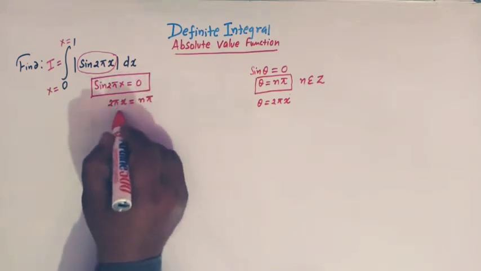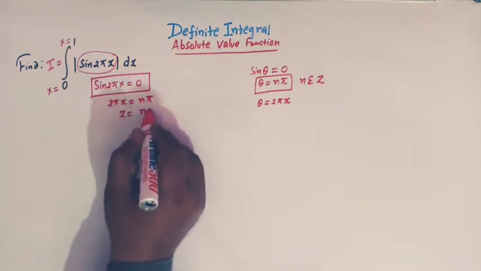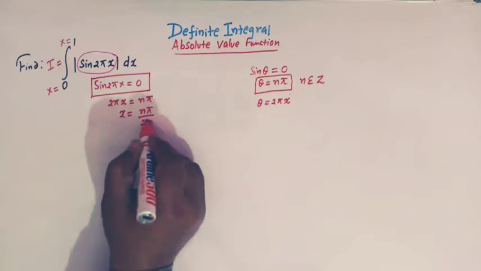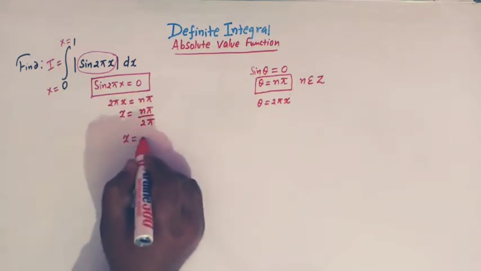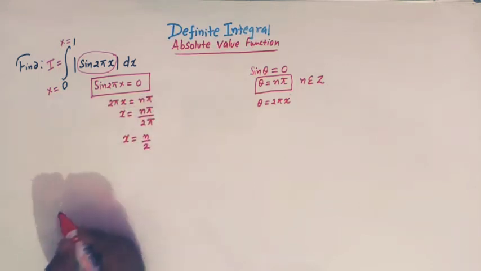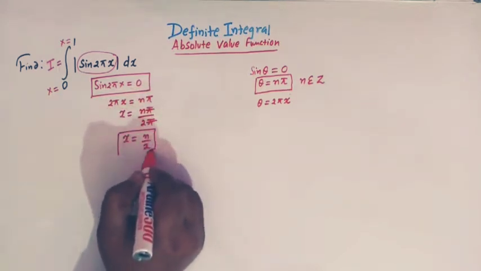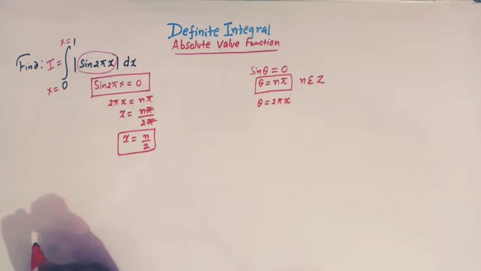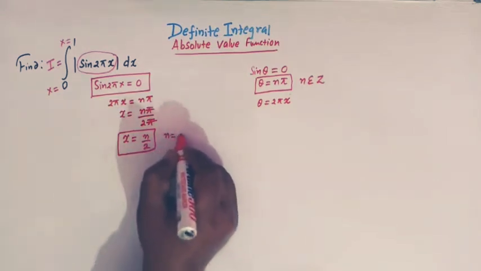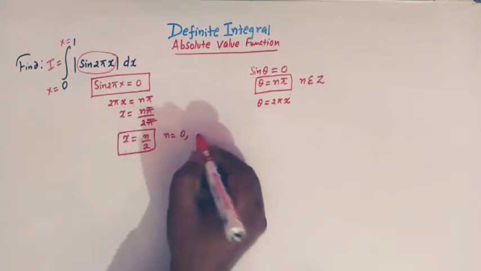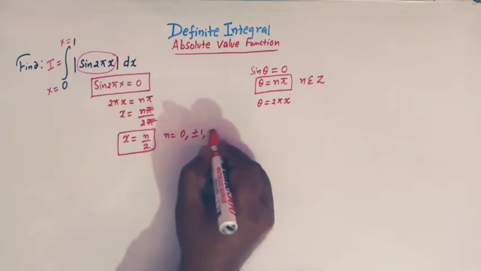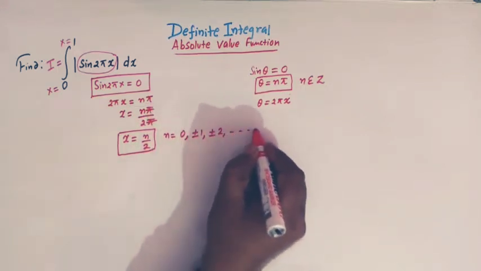Now here x is equal to n pi over 2 pi, and we have x is equal to n over 2. Pi and pi get cancelled, so we have x is equal to n over 2, where n is an integer, that is 0, plus minus 1, plus minus 2 and so on.